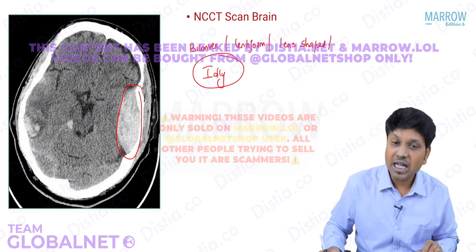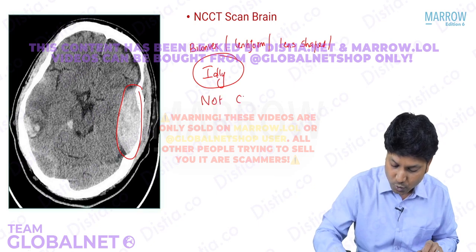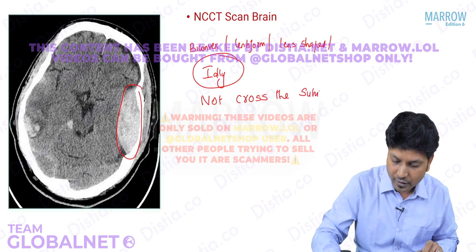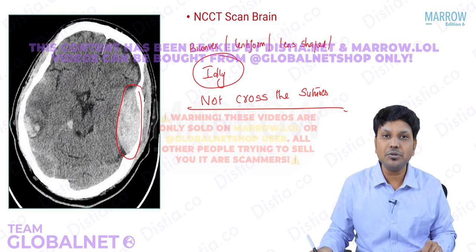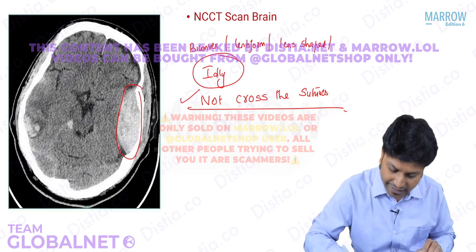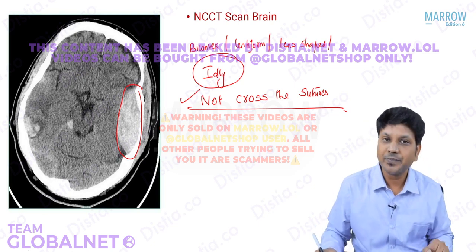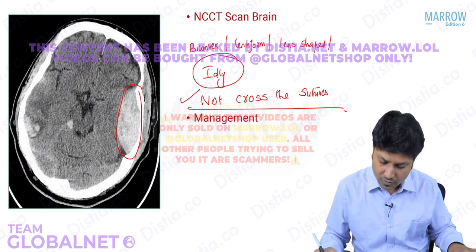And do remember, this extradural hemorrhage does not cross the sutures. That is again a very, very important finding that you have to keep in mind. So you need to differentiate EDH and SDH. EDH does not cross the sutures, and SDH will cross the sutures. Now, what is the management?